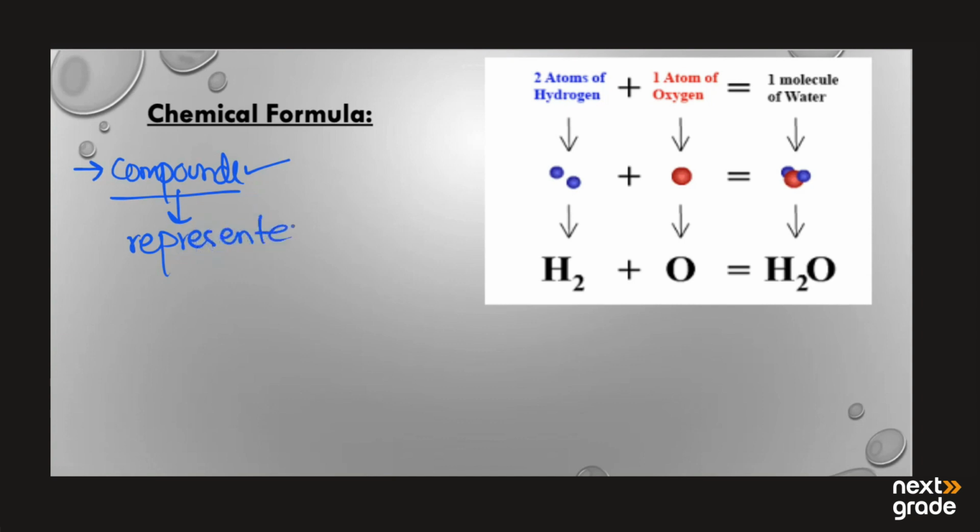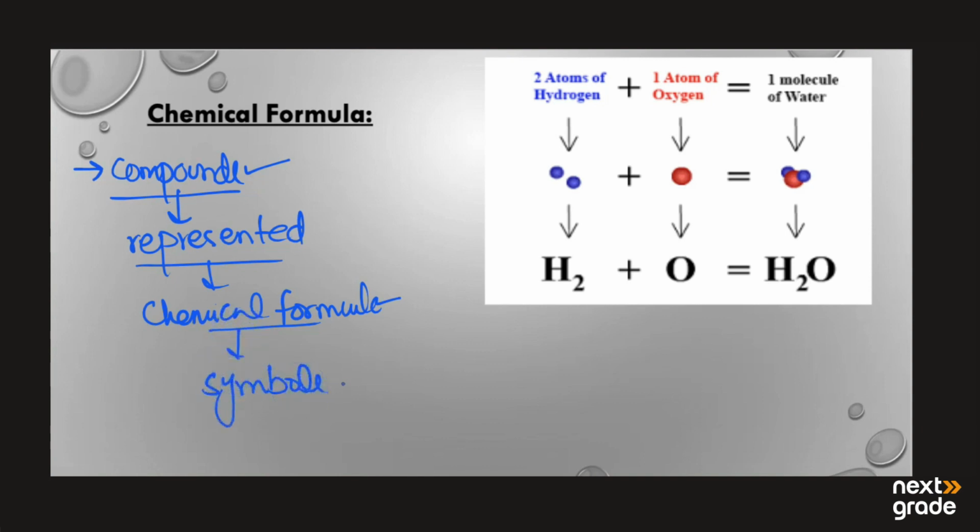Compounds are represented by formulas, and these formulas are known as their chemical formulas. The chemical formulas of compounds can be written by using the symbols of the elements. And what is meant by symbols?